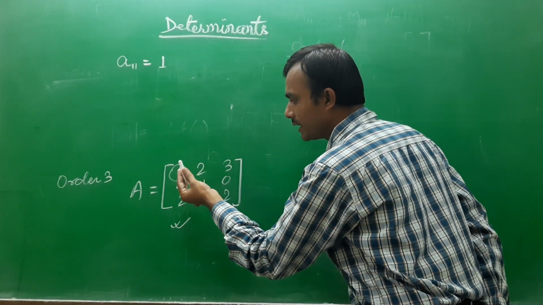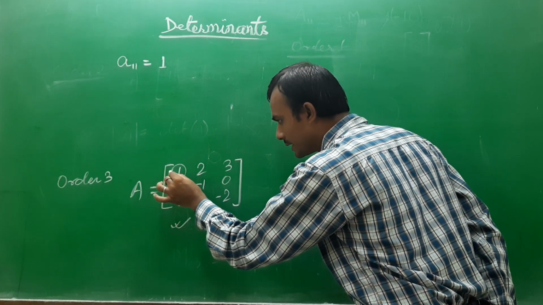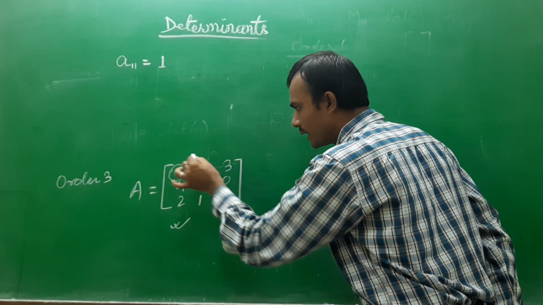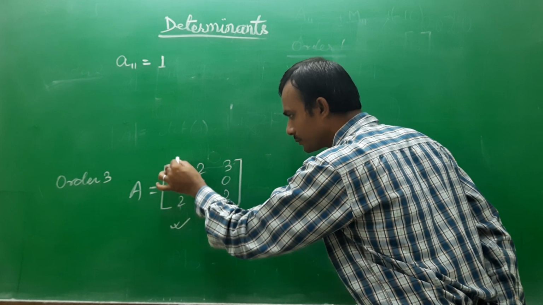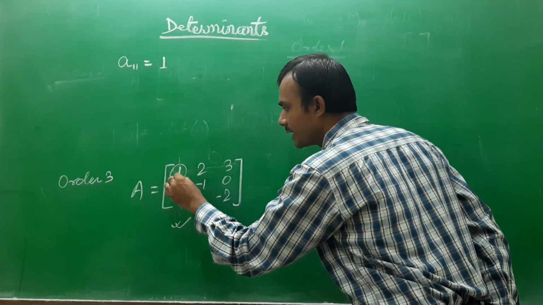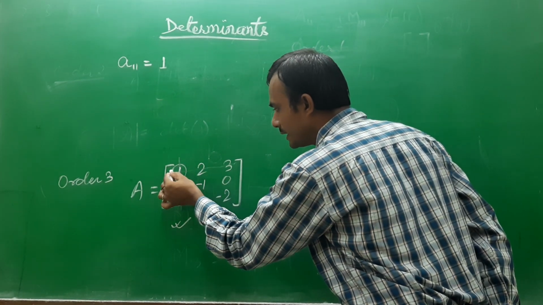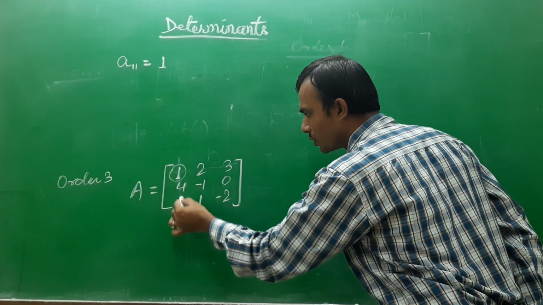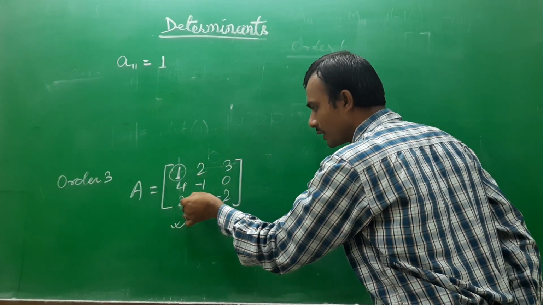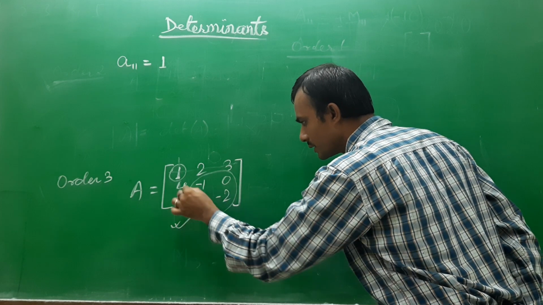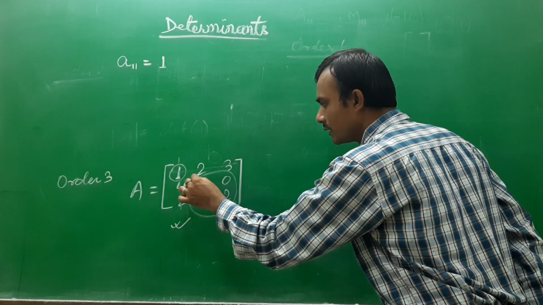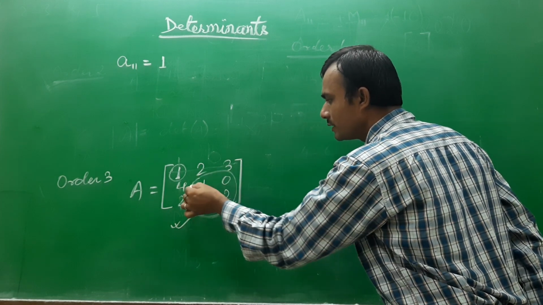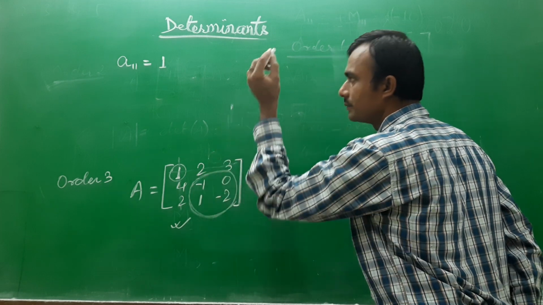By deleting its row and its column, the first row and first column, the remaining part gives the minor for the first element.